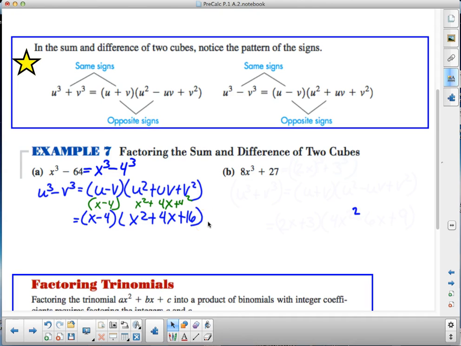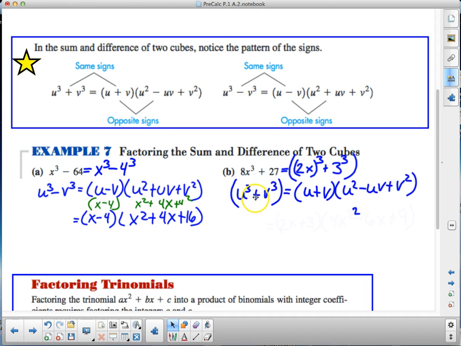Now, in a like manner, I'm going to do the same thing in b. I'm recognizing it's the sum of two cubes. So I've got 2x here and 3 there. So that's where 2x cubed and 3 cubed come from. And now, again, the pattern, I'm going to put that in. Make sure we've got that going on. I'm not going to put them in this time because now you're familiar with what I'm doing. This is 2x. This is 3.